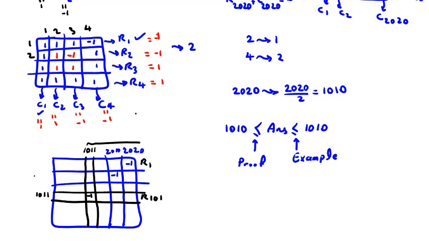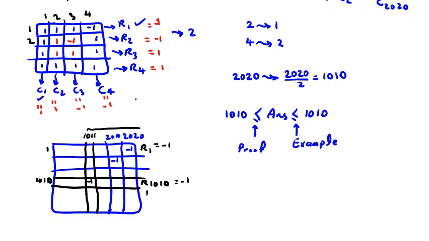So it is 1010, 1011, and it is 1010, 1010. These are -1 and the other are +1, or for example 1011 is +1, and if you consider C1 is 1 to C1010 is 1, but from C1011 there are -1, which is here +1, and we found the example, so we proved this part.